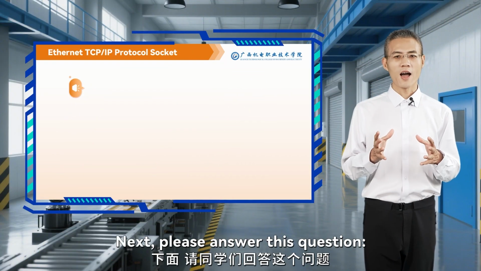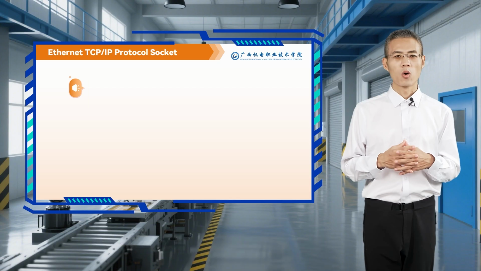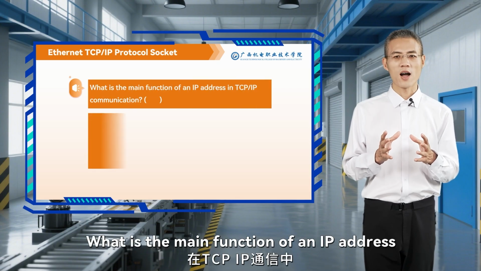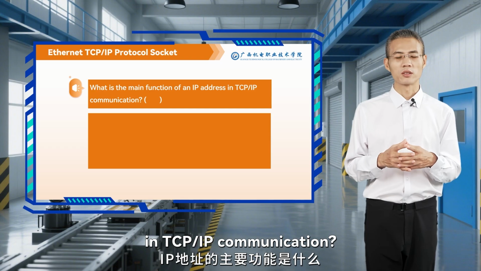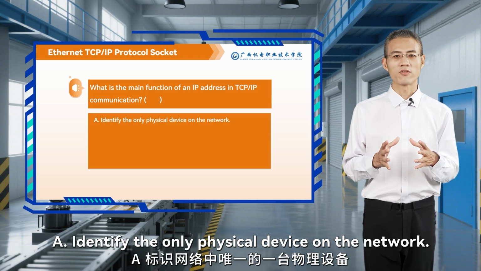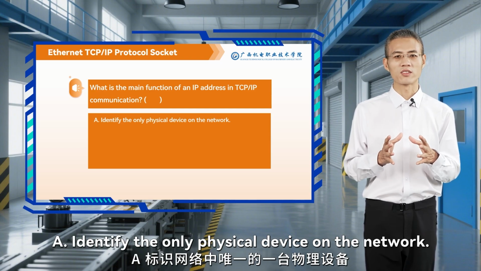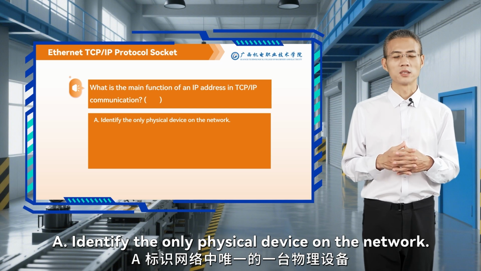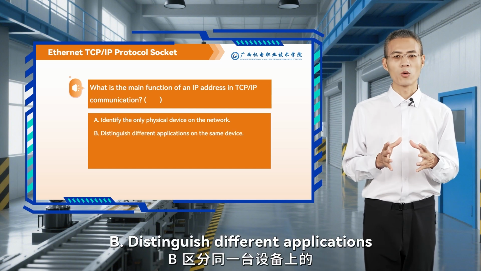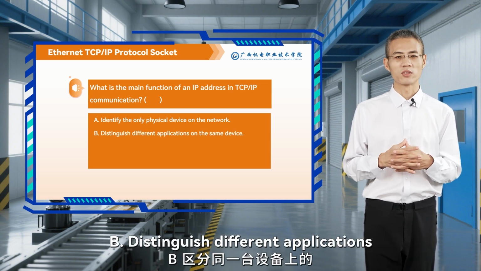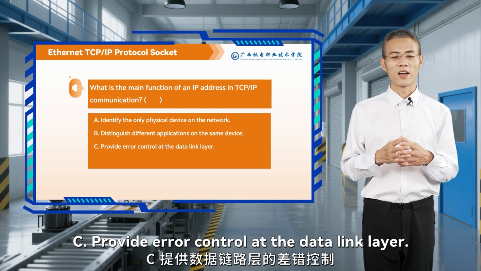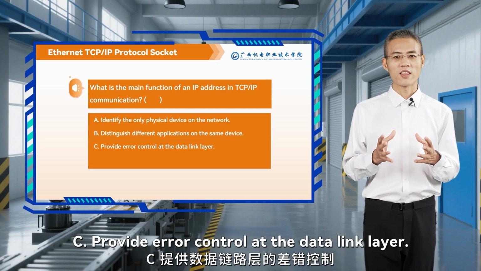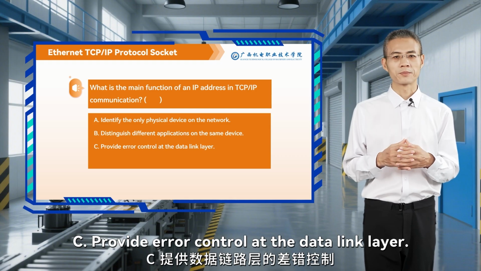Next, please answer this question. What is the main function of an IP address in TCP/IP communication? A. Identify the only physical device on the network. B. Distinguish different applications on the same device. C. Provide error control at the data link layer.